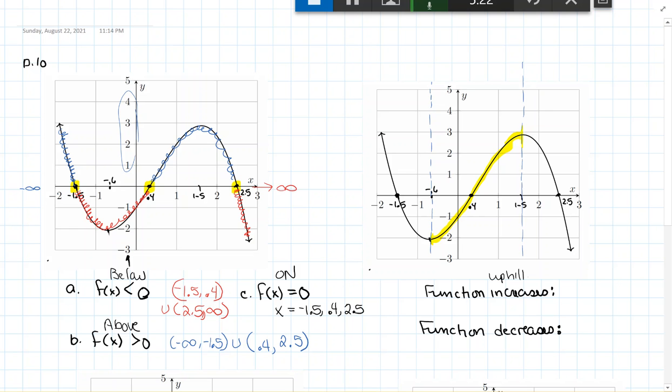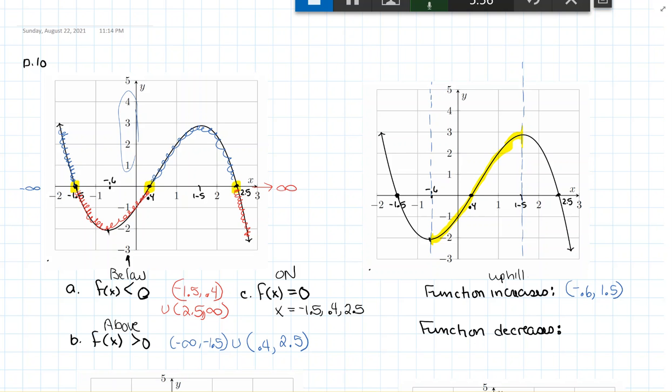And again, you're looking at the x values. So when we talk about increasing or decreasing, we always use parentheses because a single point doesn't increase or decrease. So at negative 0.6 all the way over to 1.5, we're increasing, we're going uphill.